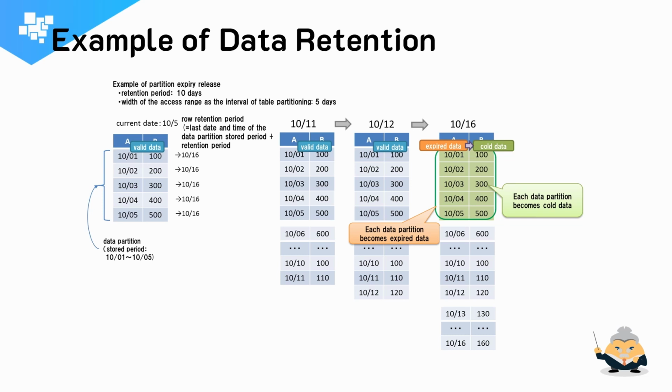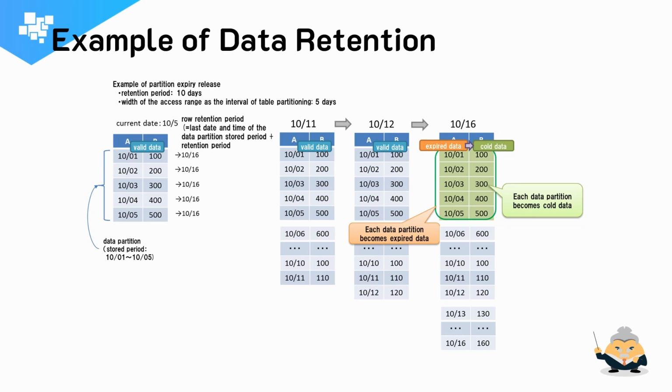That doesn't matter because its partition shares with 10.5, and since on the 15th, 10.5 is still not past retention date, it's still valid according to GridDB because it's based on the partition. So whatever data is the oldest in a partition doesn't matter. It's the newest data in the partition that triggers the expiry release.